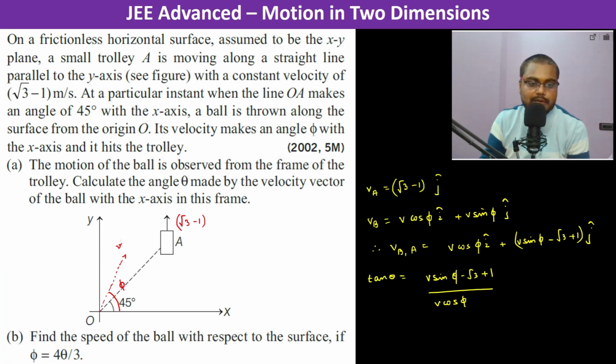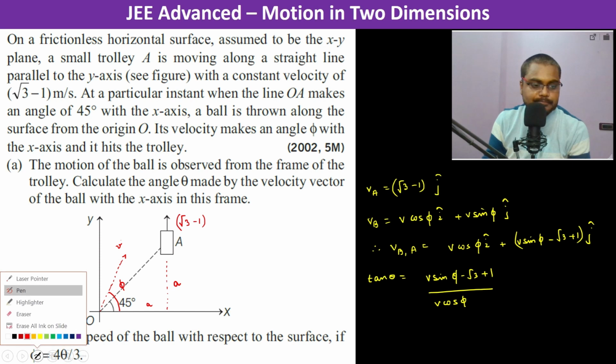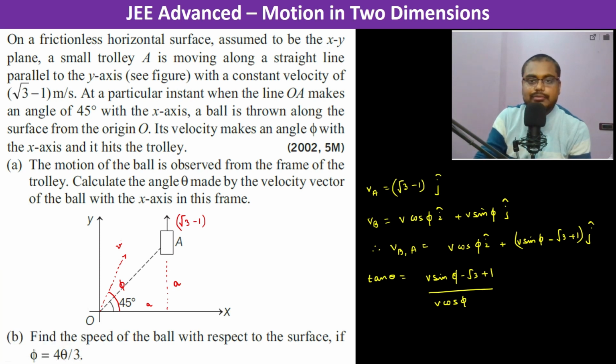That means initially this is A and this is also A. Therefore v cos phi into t is going to be equal to A, and v sin phi into t is going to be A plus root 3 minus 1 into t.